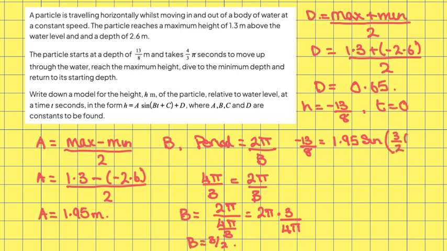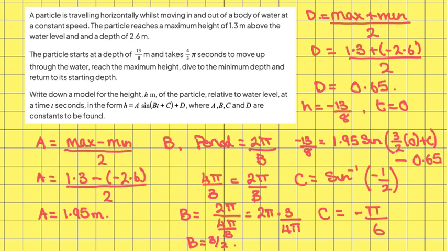Well, we know that t is 0, plus c, minus 0.65. So we rearrange, we get c is equal to sine to the minus 1 of minus a half. Well, we know that c is equal to minus pi over 6.